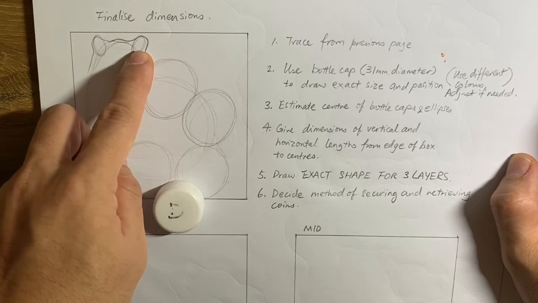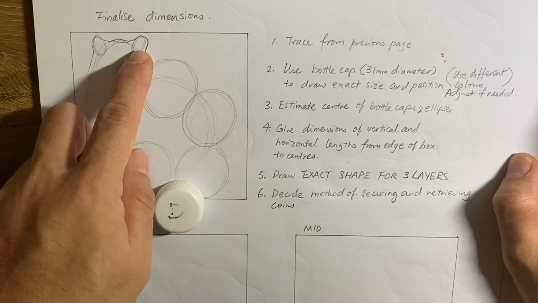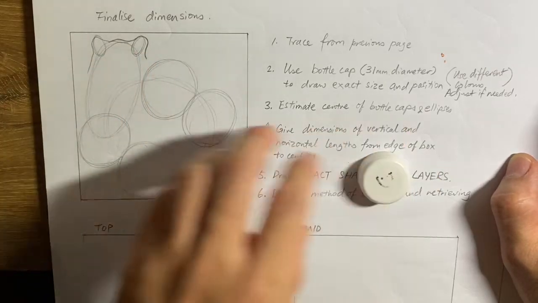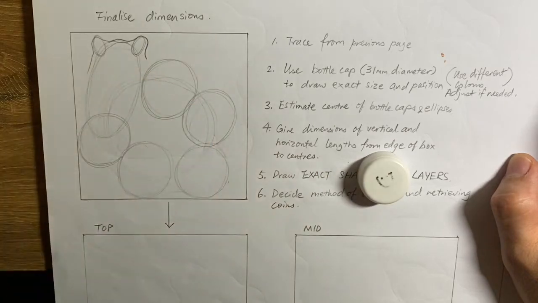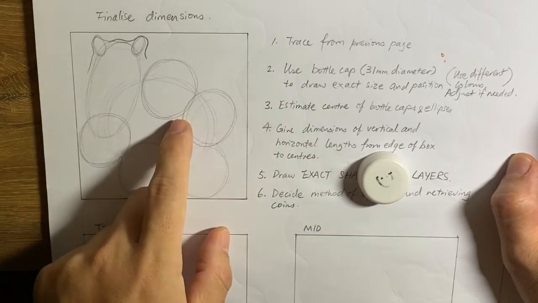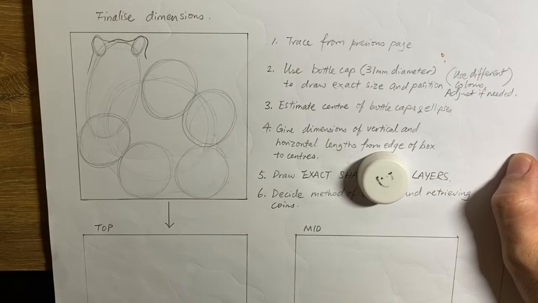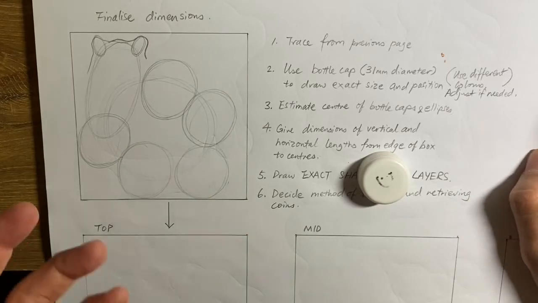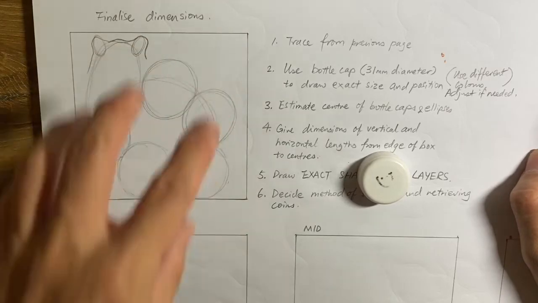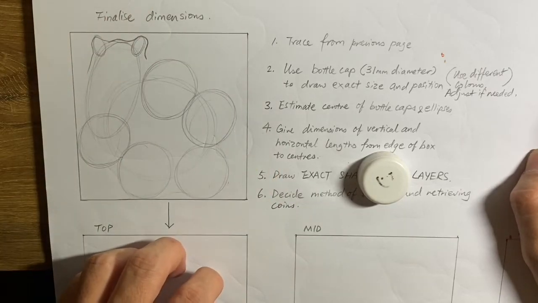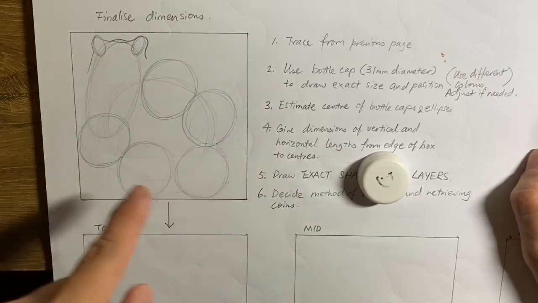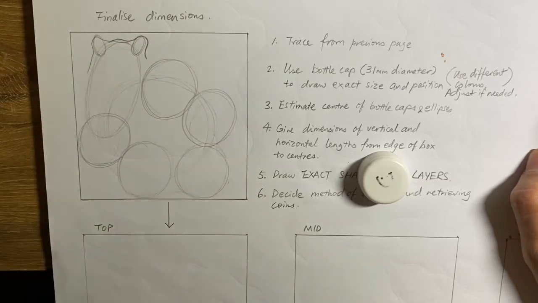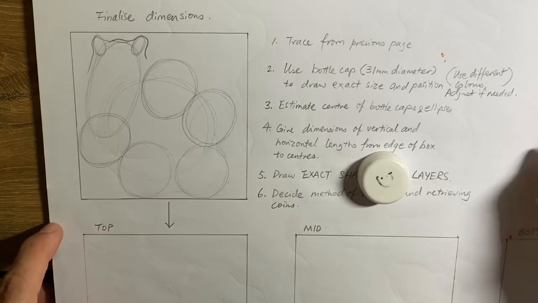Once we have the exact dimension of all these shapes and the exact location, we will be able to duplicate this very easily. You remember that in our previous projects, once we had the shape, we would duplicate the shape so that we can cut out one set of that shape from paper. And that's exactly what we're going to do with this exercise.